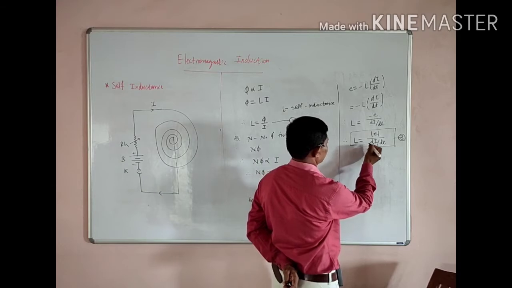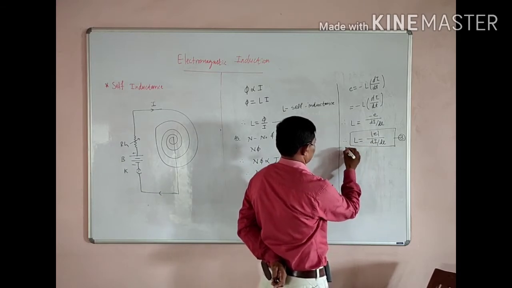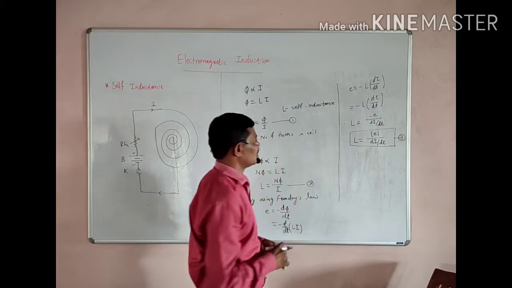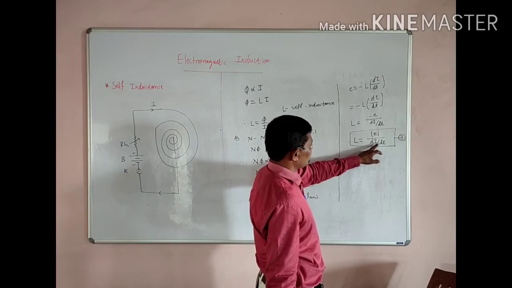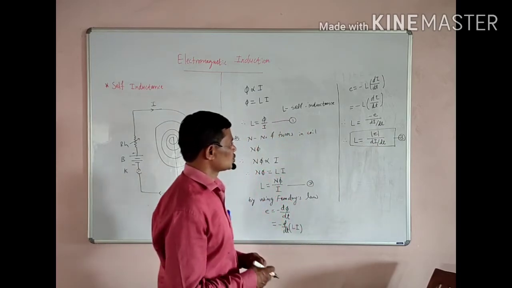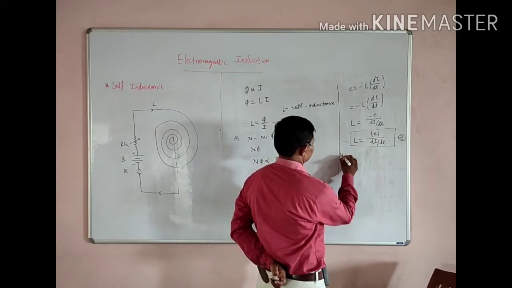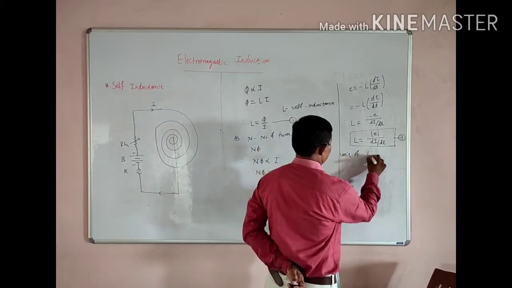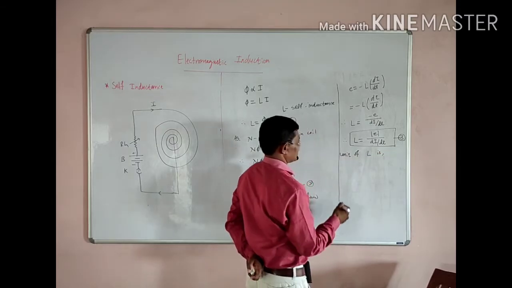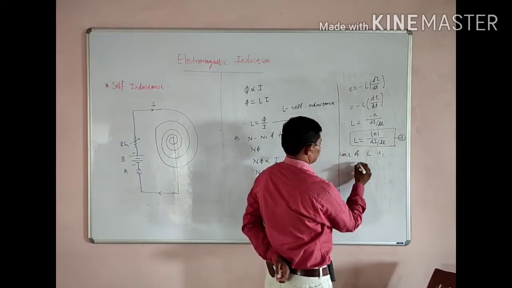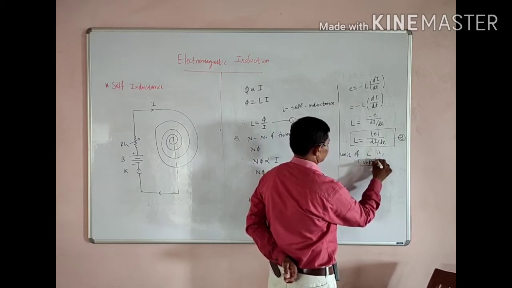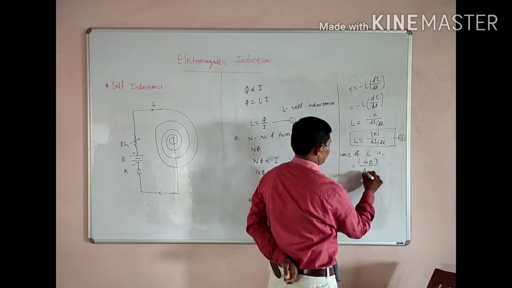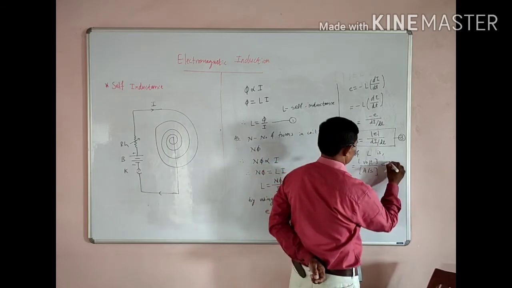From this, we can conclude that the self-inductance is equal to the induced EMF divided by the rate of change of current. So, the unit of L or coefficient of self-inductance is volt divided by ampere per second, or we can say that this is equal to Henry.